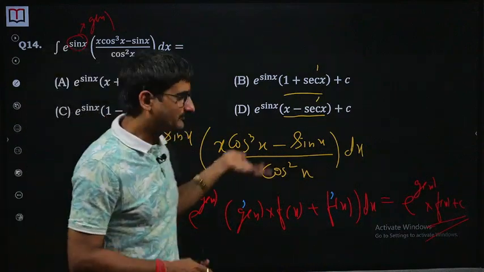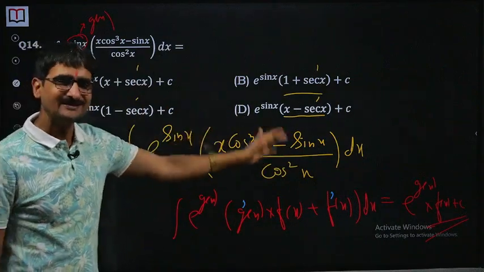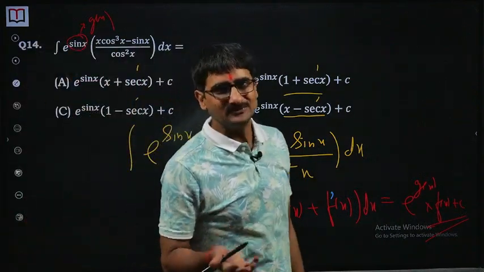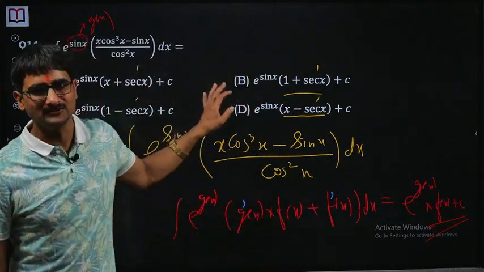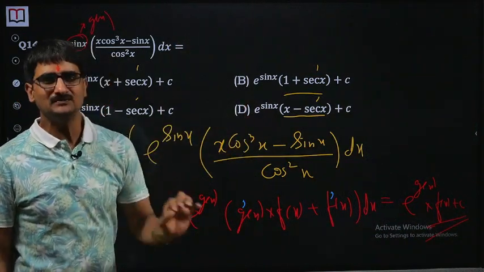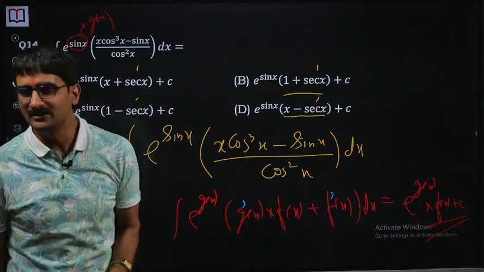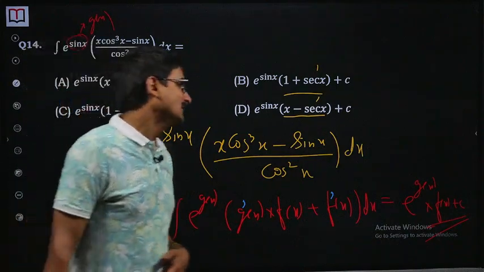So I just tried to look at the option, and the moment I saw it, it clicked. That's what I will suggest to you people also. During examination, you need not think without looking at the options. Read the integral, the question, and then go through the options. The options may give you a real direct hint, the form in which you have to transform it so as to integrate it. Okay, so I think that's it.